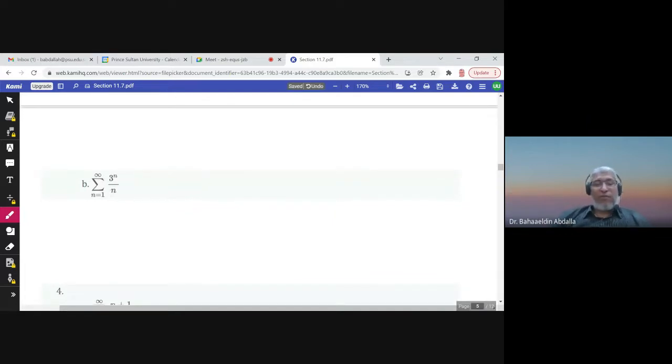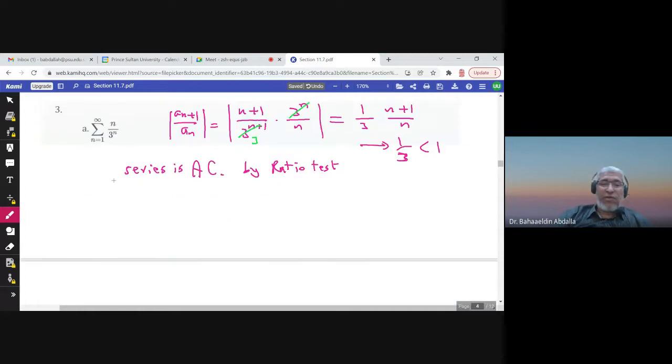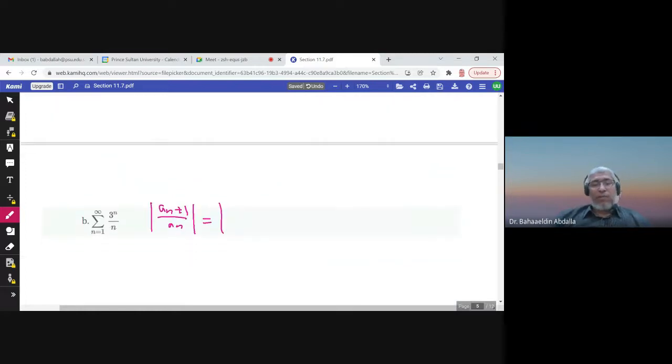Also here I have power and n, so I'll use immediately the ratio test. And if you notice, this is the reciprocal of this. So I'll have 3 to the power n plus 1 over n plus 1 times n over 3 to the power n. And I will have 3, in this case, 3 times n over n plus 1.